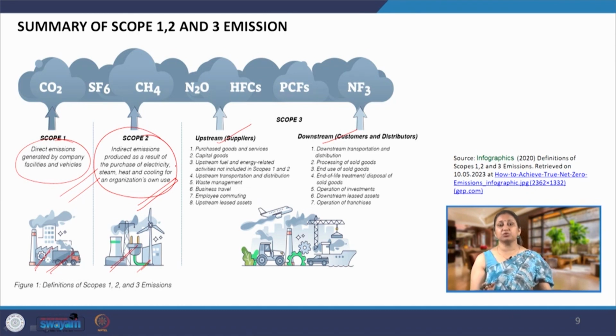Gradually we will be moving to scope 3, and to address scope 3 immediately, the companies are looking at the alternatives that are available to them and the choices that they can make in selecting the raw material or the processes or the decisions that can be made upstream and downstream of the value chain. So, this is what scope 1, 2 and 3 emissions would be.